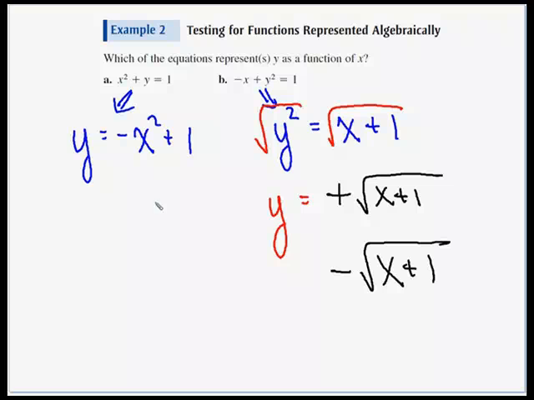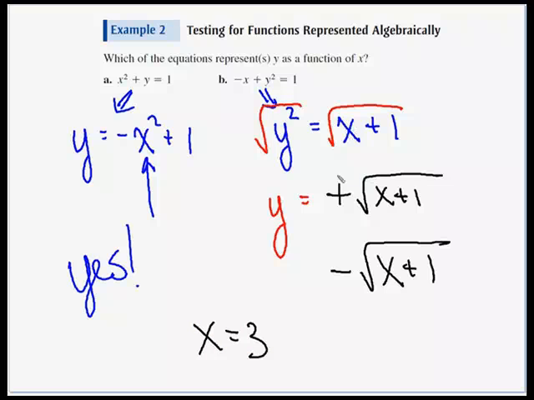So here, when we plug in different x values, we are going to get y values. So here, yes, this would be a function. But let's think about this other one on the flip side here. Let's say I plug in x equals 3.